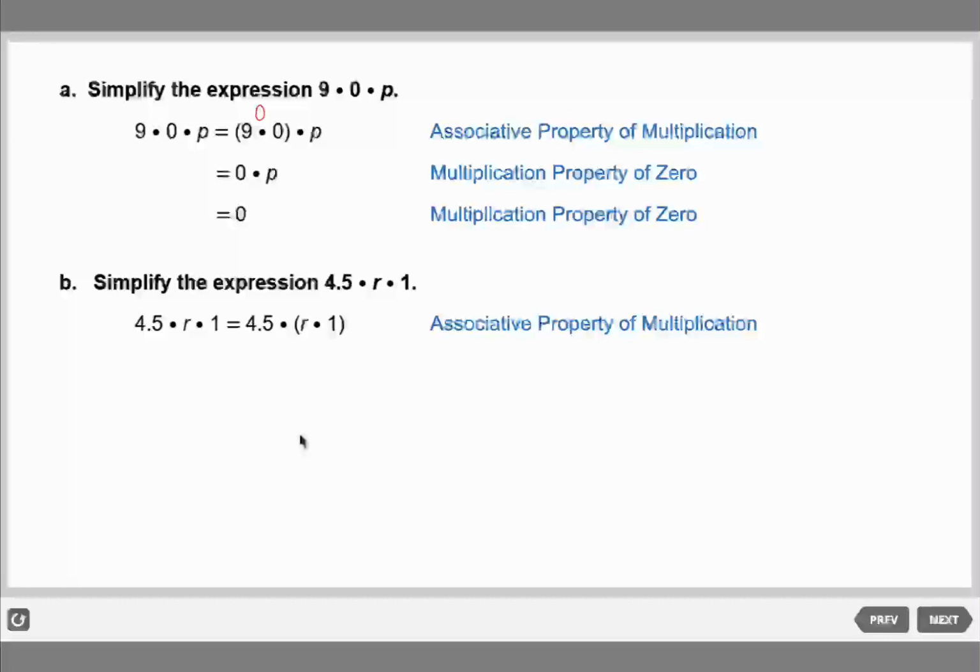R. No, r. Any number times 1 gives that number. So it will be 5.4 times r. Now 5.4 times r is 5.4r.